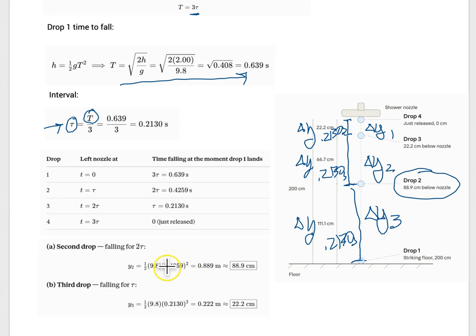They rounded it a little less here, so anyway, you kind of get the drift there. And if you do your math, you get 0.889 meters, or 88.9 centimeters. So that's how far it has fallen. So that's the total of these two. And then the third drop would be this guy right here, and he's only fallen just the 22.2 centimeters. And that is how you go through and do that problem.